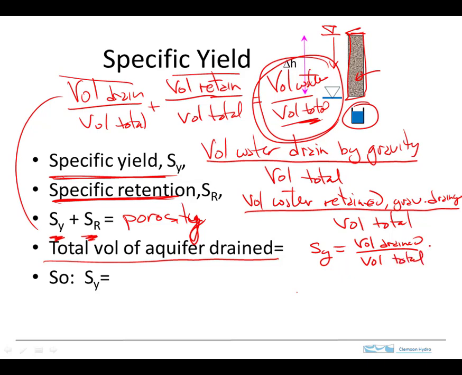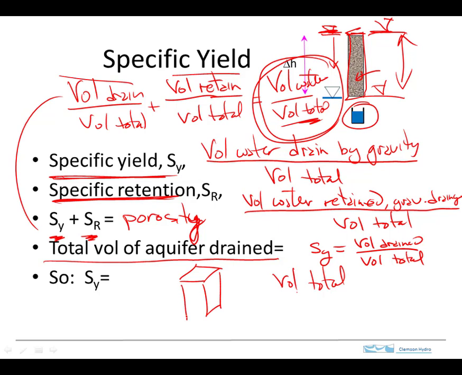Okay, well, the volume total, if we recognize that right up here, this is the water table, and the water table drops like that, we can think of this as something like this. So the water table is dropping from there to there.